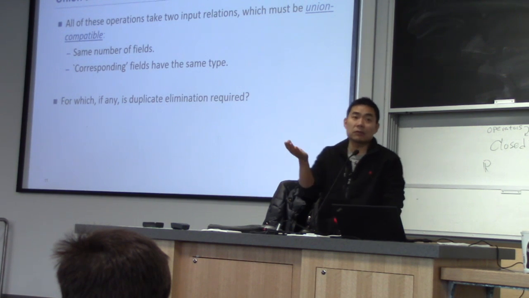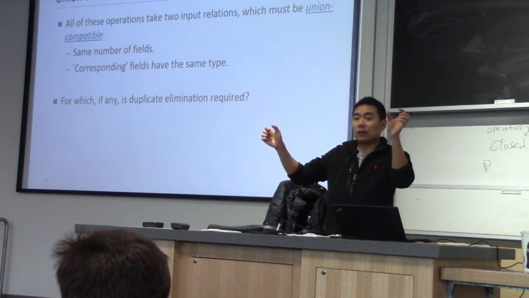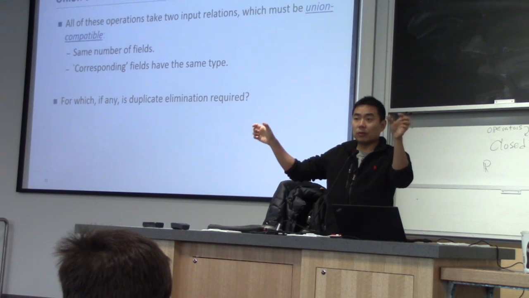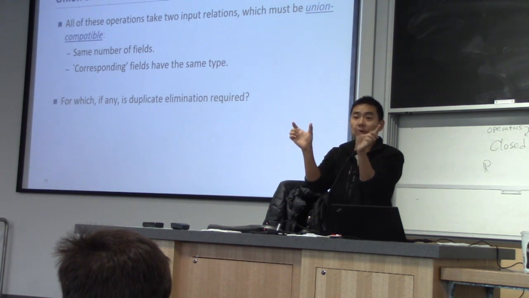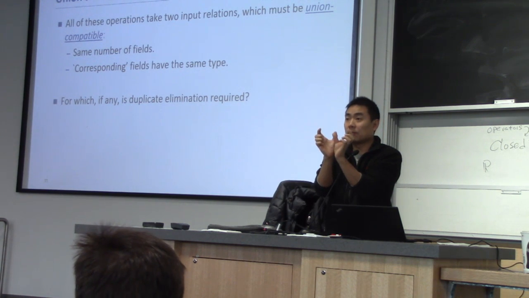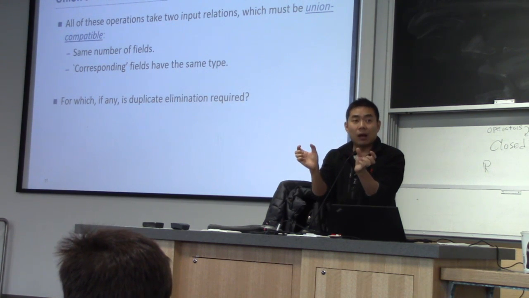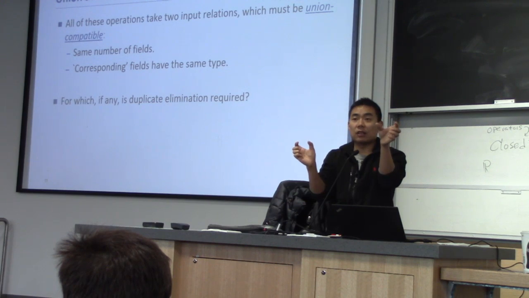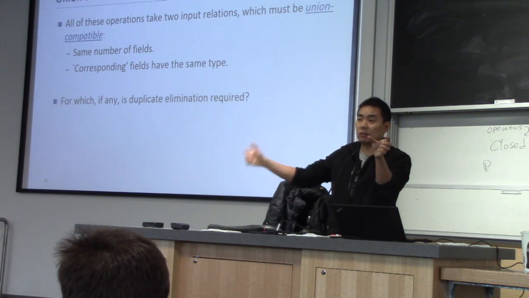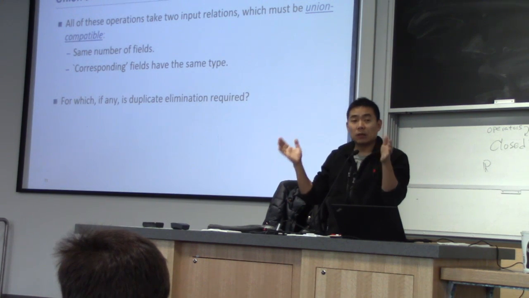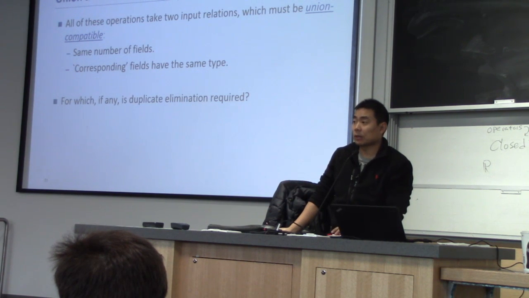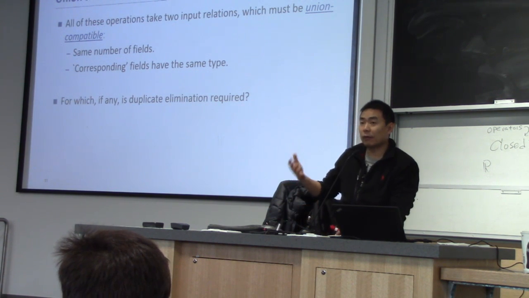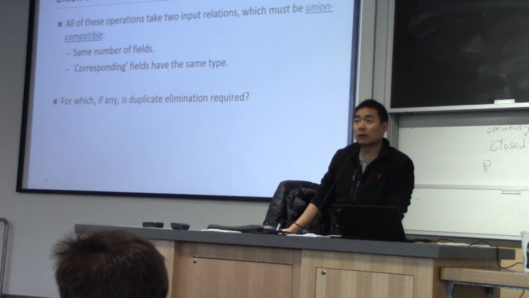So what that means is you can take Sailors 1 and Sailors 2, and you can union those. That's okay, because the two schemas are identical. However, you cannot take a Sailor schema and union it with a Boat schema. They are not union compatible because they're not even the same type of relations. Okay, that's the definition of union compatible.